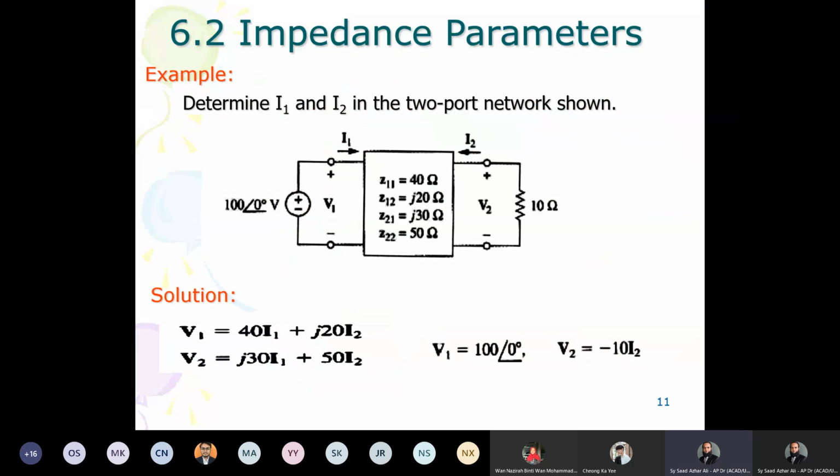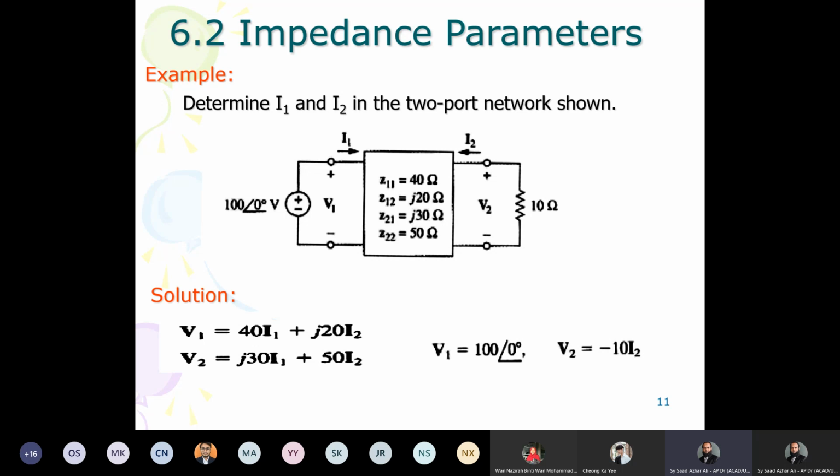Determine I1 and I2 in the two-port network shown. Now we are given the impedance parameters and we want to find I1 and I2, where the voltage source is given.